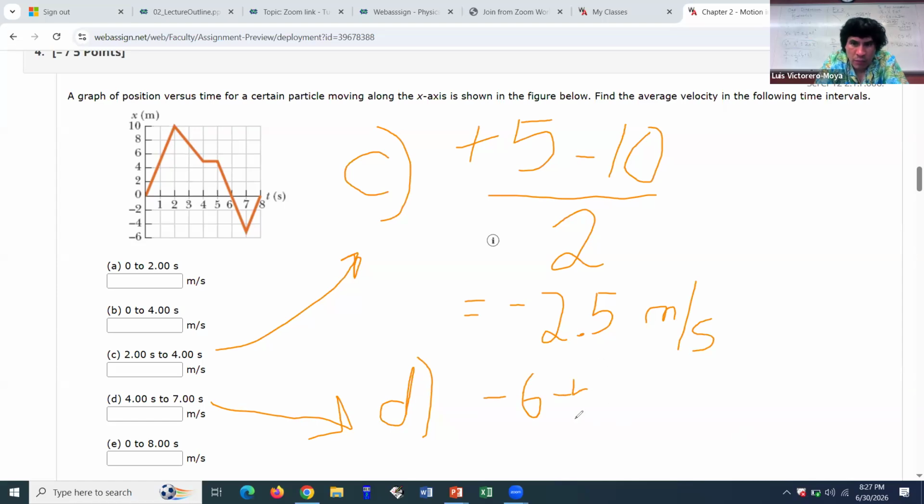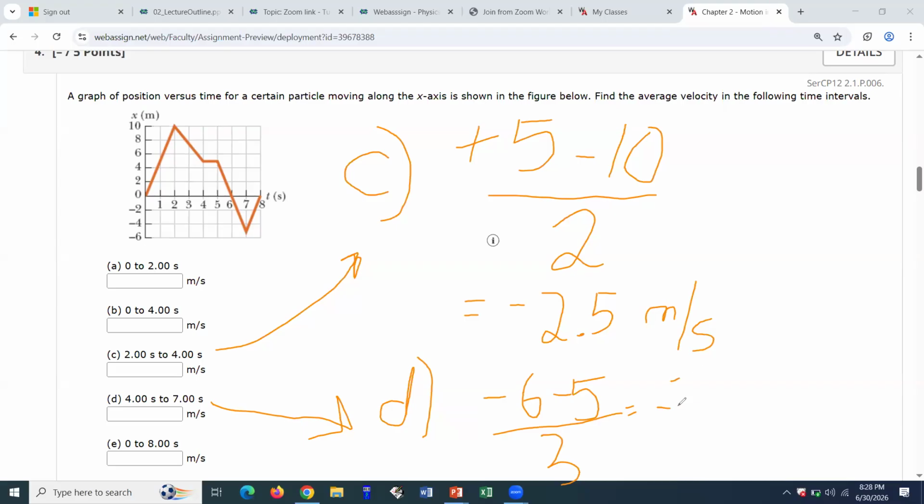Yeah, -3.6. Yep, because you do -6 minus 5 divided by 3. That's -11/3, that's -3.6. Is it okay to leave it as -11/3? Yeah, that's okay. That's fine.